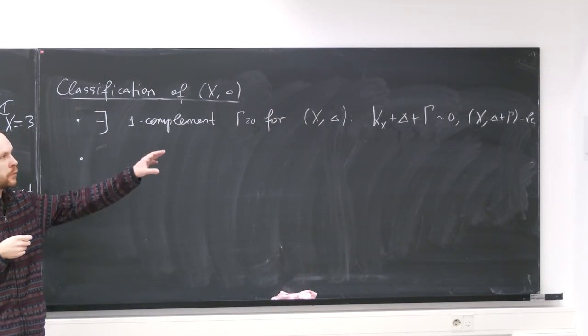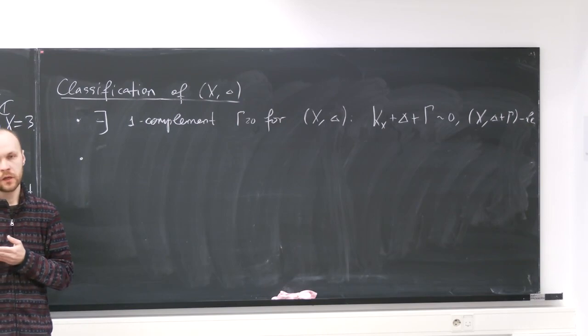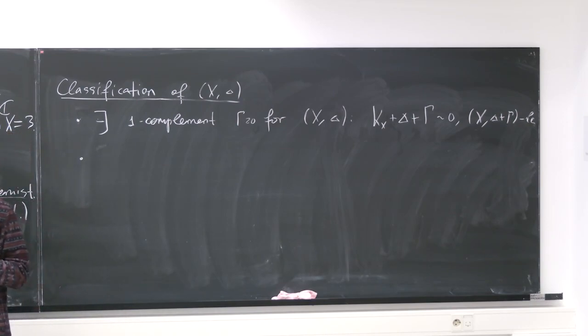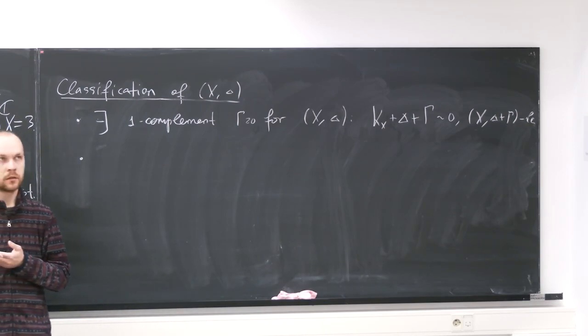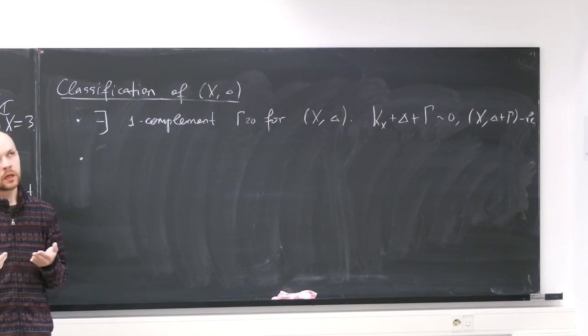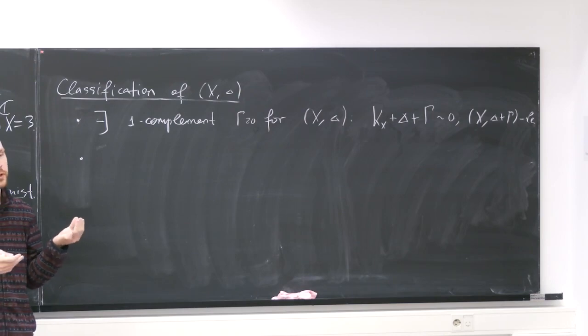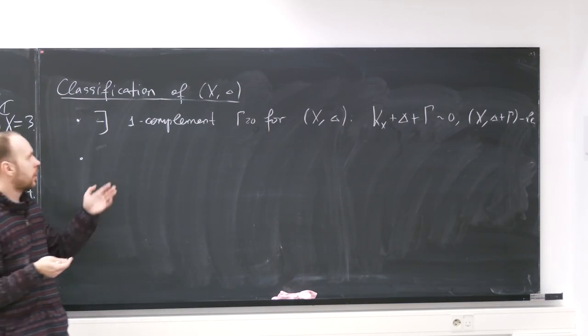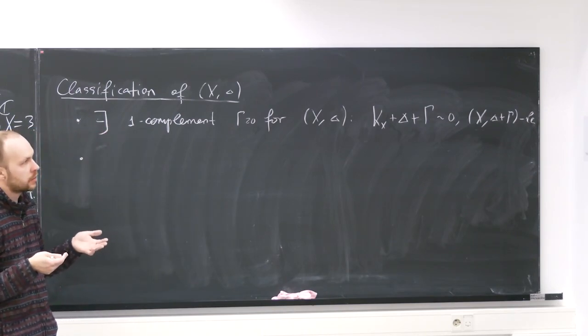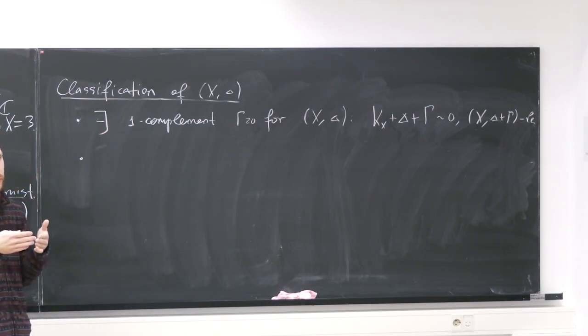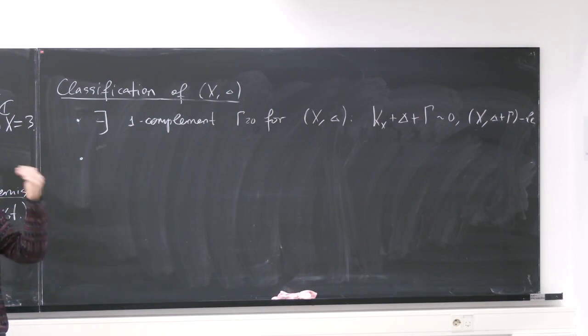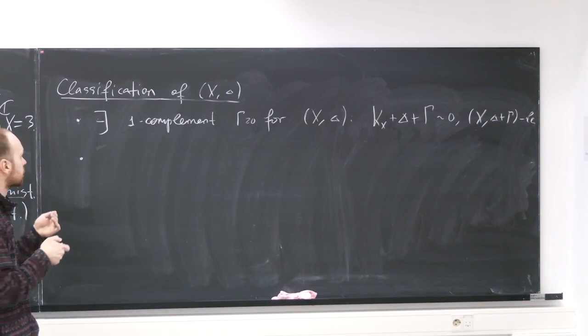For me, just log canonical is enough, because proving that such a complement is log smooth is harder than showing that it's log canonical. Essentially, this one-complement is constructed inductively on the boundary Δ and then lifted to X.